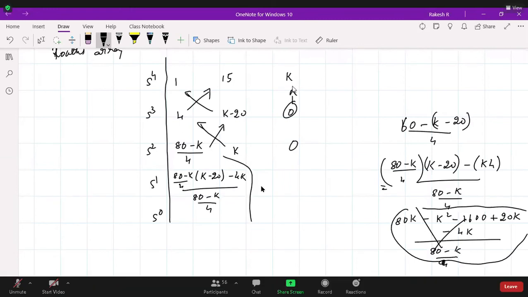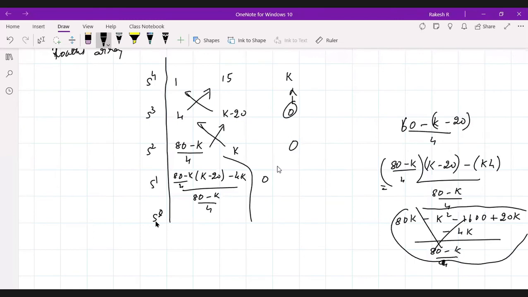So this value will be 0 here. So S0, I'll write it here. S0 will be k.